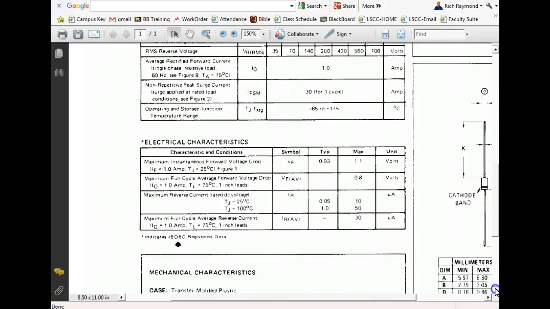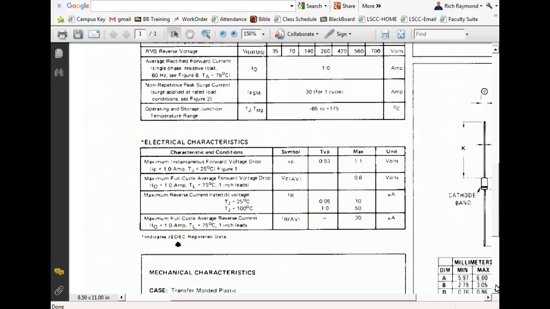Storage temperature. The VF on the thing should be anywhere between what? And this is at the rated current, by the way. If we're running below 1 amp, which we would, then it could be all the way up to 930 millivolts, typically 930 millivolts, but it could actually be all the way up to 1.1 volt.